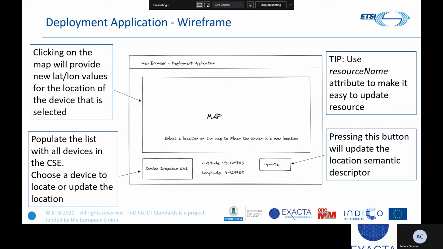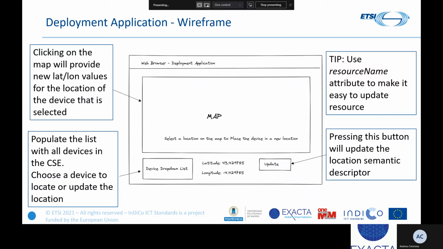So that implies that we will have a subscription to CSE base, and we'll be capturing new AEs that are created at CSE base. And then that value will be placed into the device drop-down list. And then we can select one of those devices from that drop-down list.